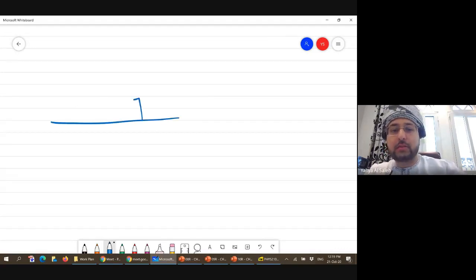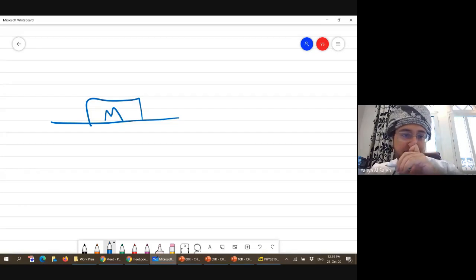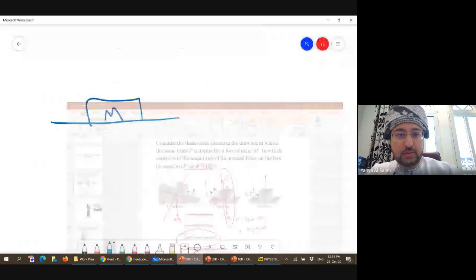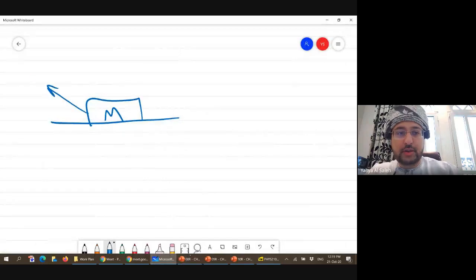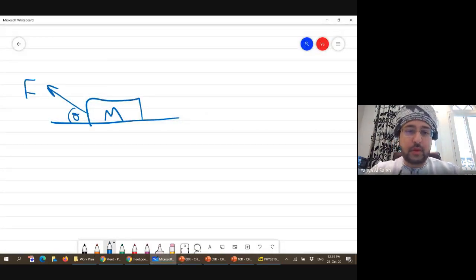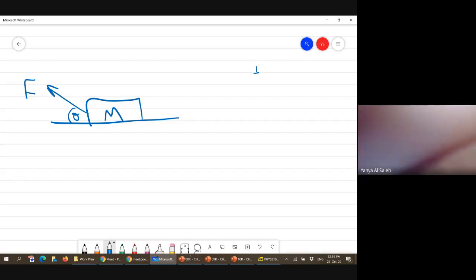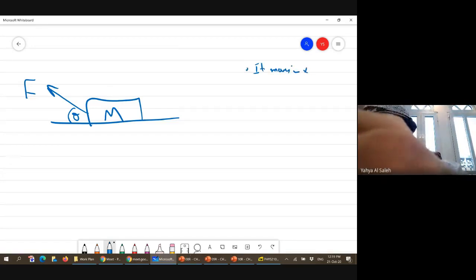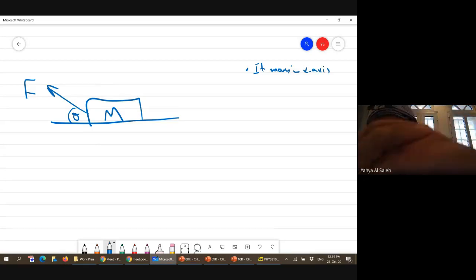We have a block, right, of mass m. It is being pushed or pulled in this direction, F with some angle theta. Okay. Now, what do we know for a fact? We know it moves in the x-axis.